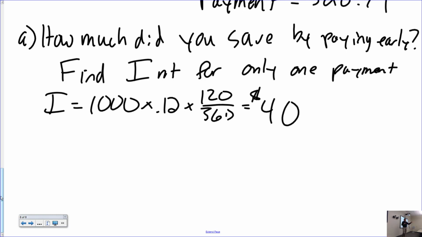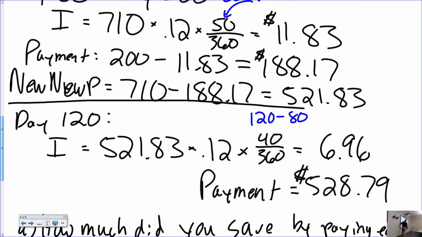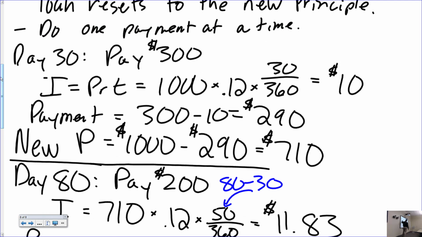How much interest did we actually pay? Compare to actual interest paid. So where are interest calculations in this problem, folks? Right there. And this is exactly why you do all of these I equals PRT calculations, because you have the interest available for you.